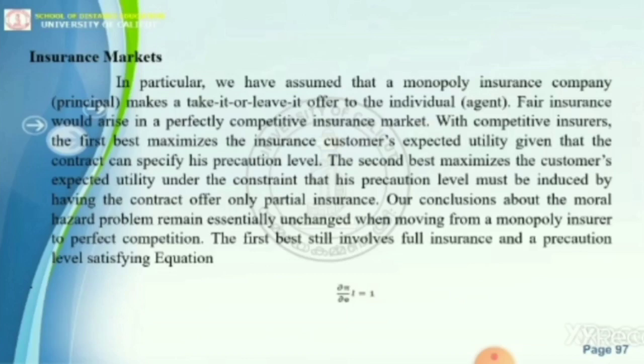The second best maximizes the customer's expected utility under the constraint that his precaution level must be induced by having the contract offer only partial insurance. Our conclusion about the moral hazard problem remains essentially unchanged when moving from a monopoly insurer to perfect competition.